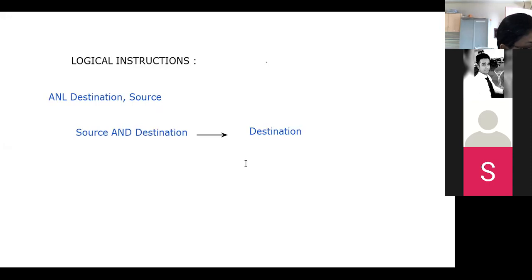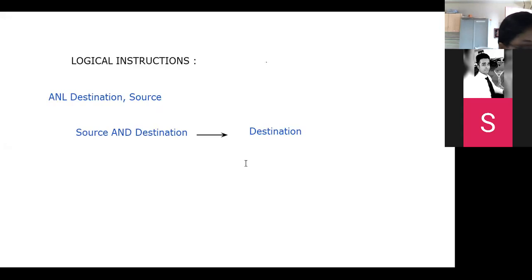So let us take some examples on this AND operation. Suppose the accumulator A is equal to 52H and B is equal to 35H.